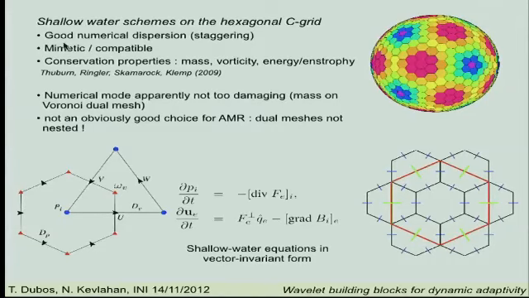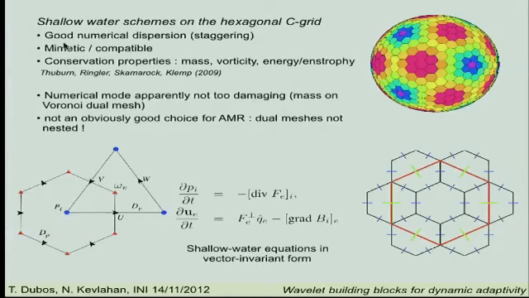So pressure will be in hexagons, and we have normal velocity components at the boundaries between hexagons, or they can be considered as tangential components along the triangular edges. It has some mimetic properties, it has some conservation properties, mass, vorticity, and either energy or entropy. So the basic scheme will be the one designed by Thuburn, Ringler, Skamarock, and Klemp, known as TRiSK.